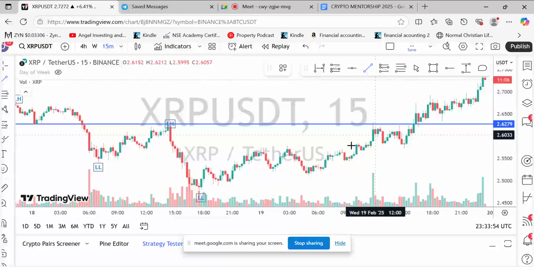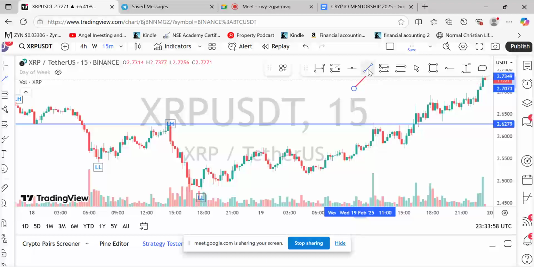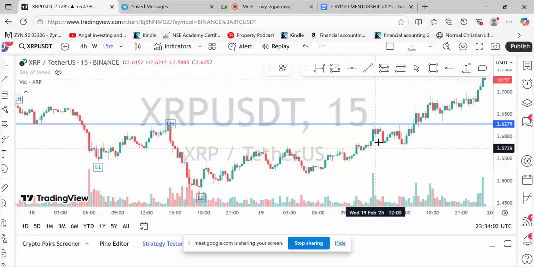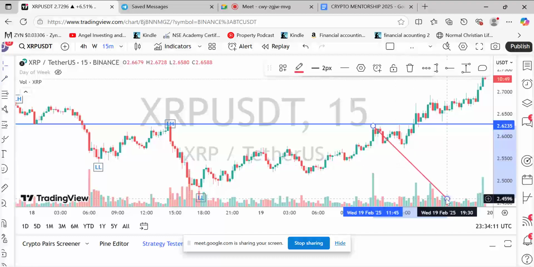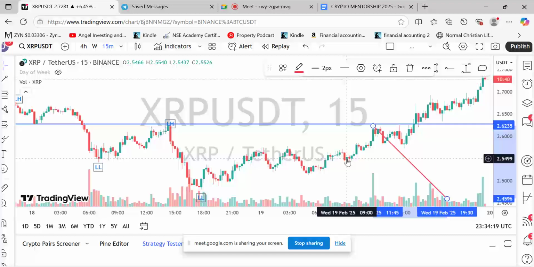Everything here is just gyration, because the market can act as if it wants to go up, and then it will not reach there, and it will just go down. Do you understand? So if you are trading 5 minutes here, it's not wise.